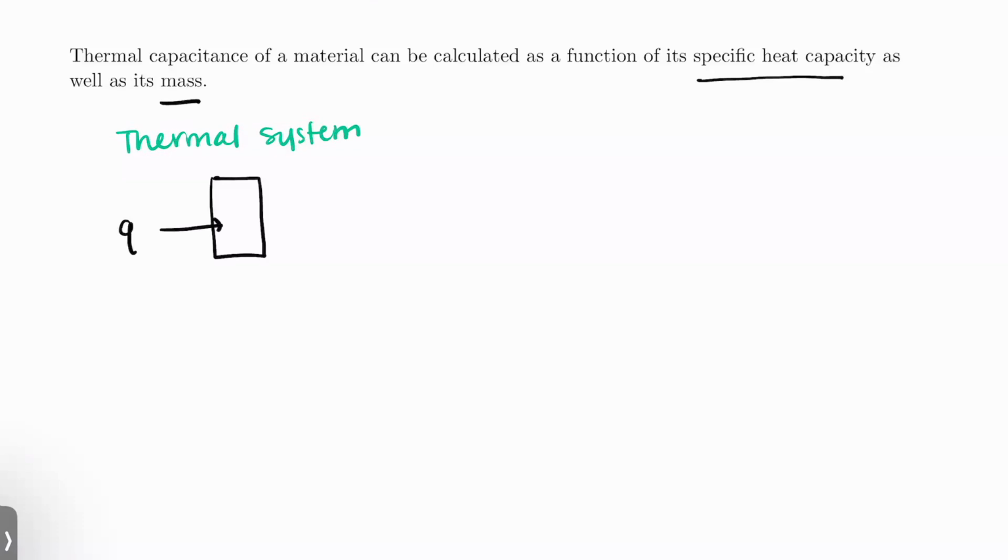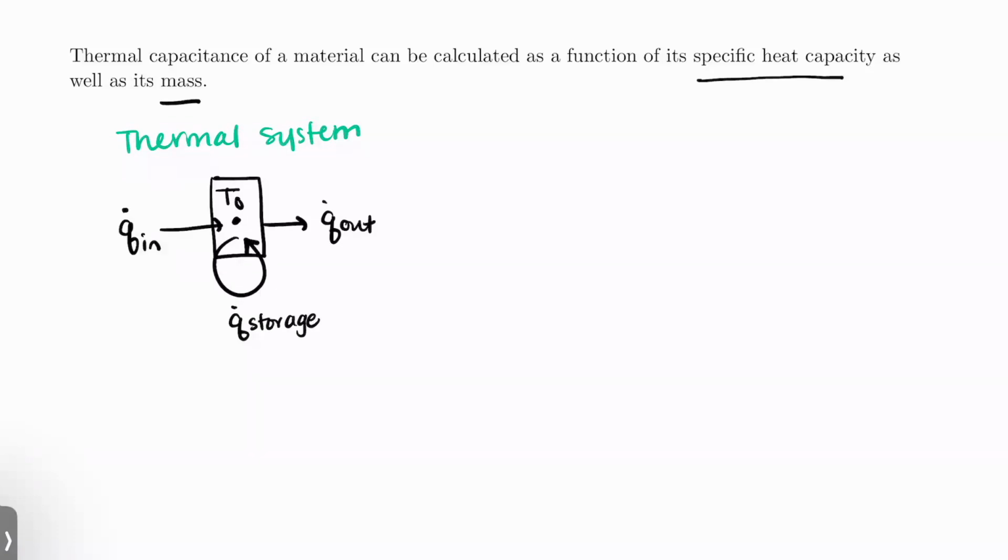We have Q dot in, Q dot out, and there's some temperature T naught that it has. Q storage is going to be denoted with this circle with an arrow, and this is our Q storage.